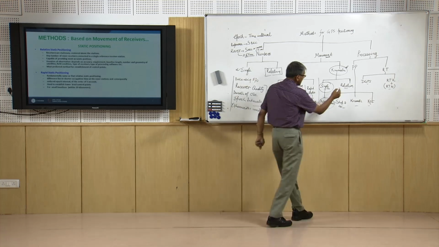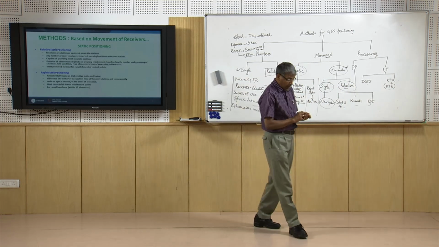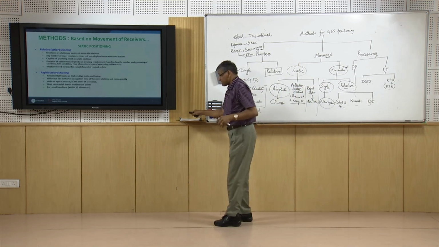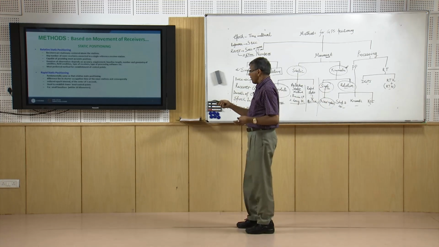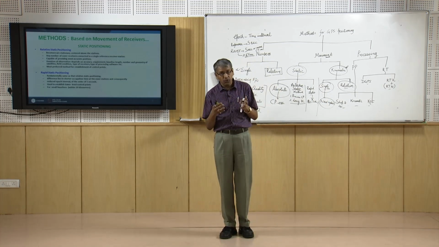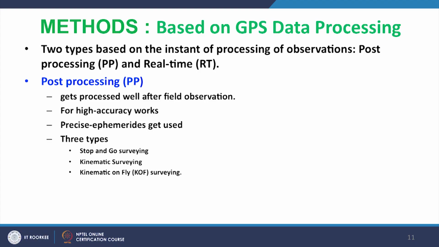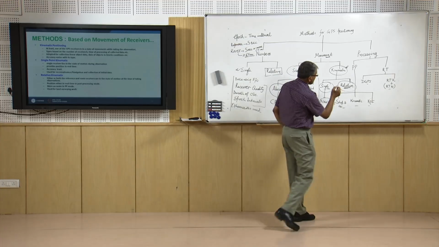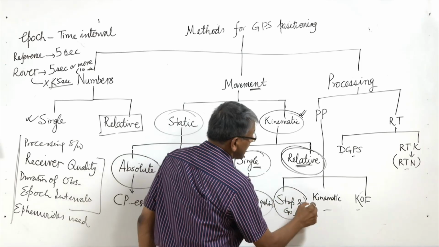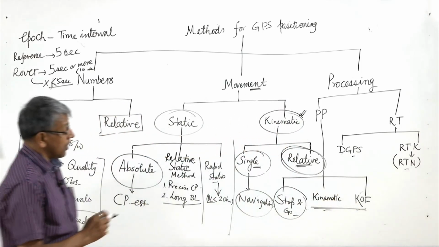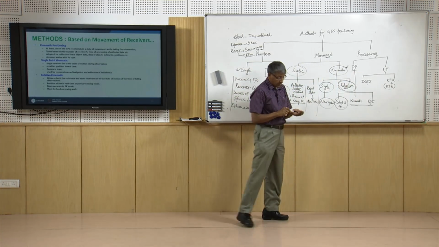Now in case of relative kinematic positioning, one of the receivers will be a reference station in a static condition, and the other, or more than one, will work as a rover and will be in a kinematic condition. We will discuss this under the post processing methods.